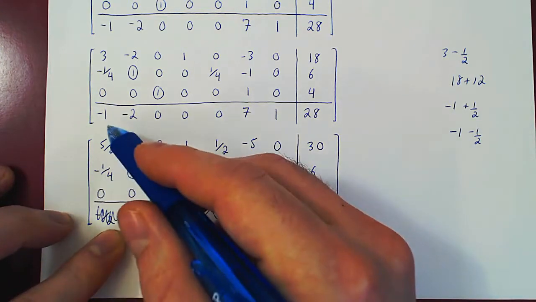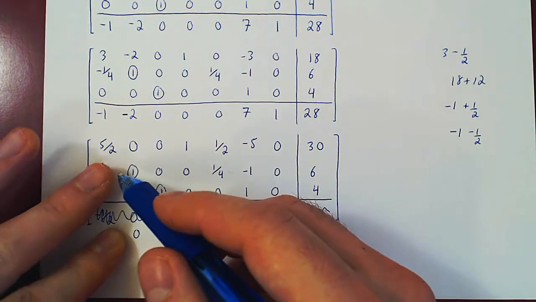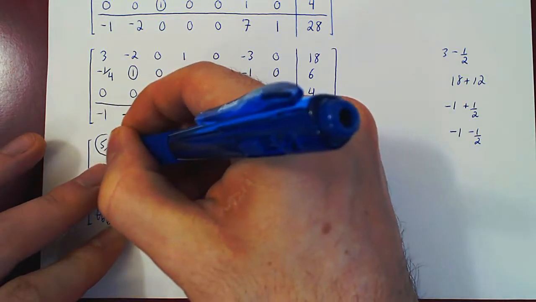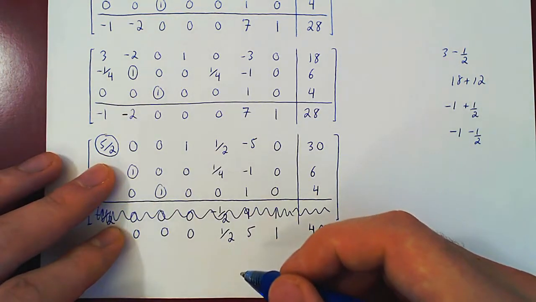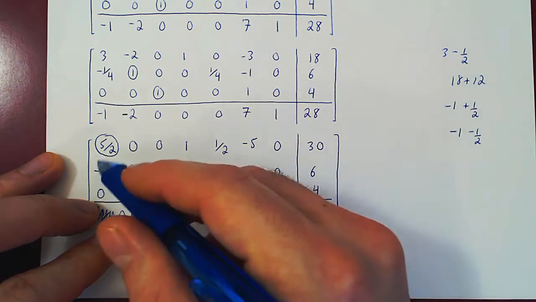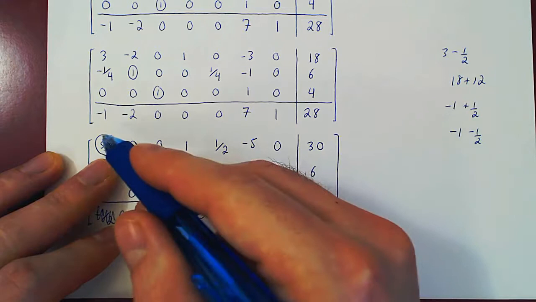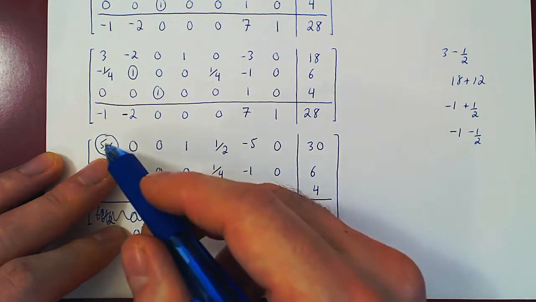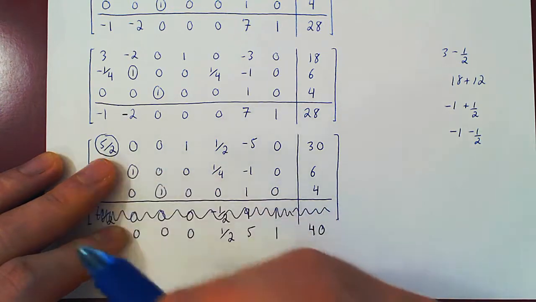Now we look at the positive entries above. There is only one, so we must turn the 5/2 into our third pivoting one. As again, there's only going to be one positive ratio, as both of these are ignored. And we will get our third pivoting one by multiplying row 1 by 2/5. So let's do so.